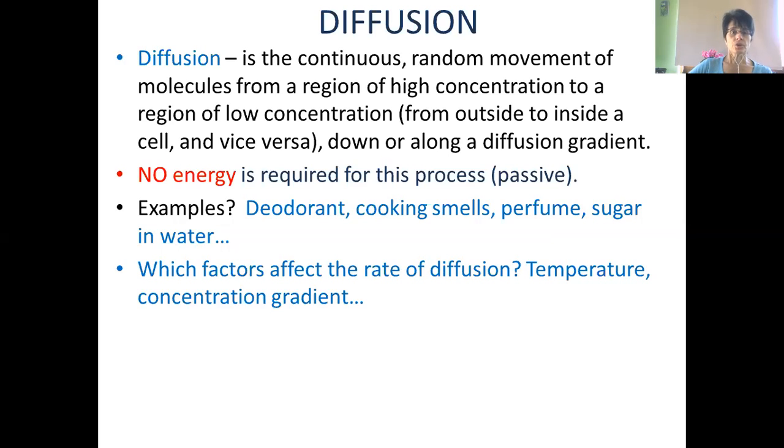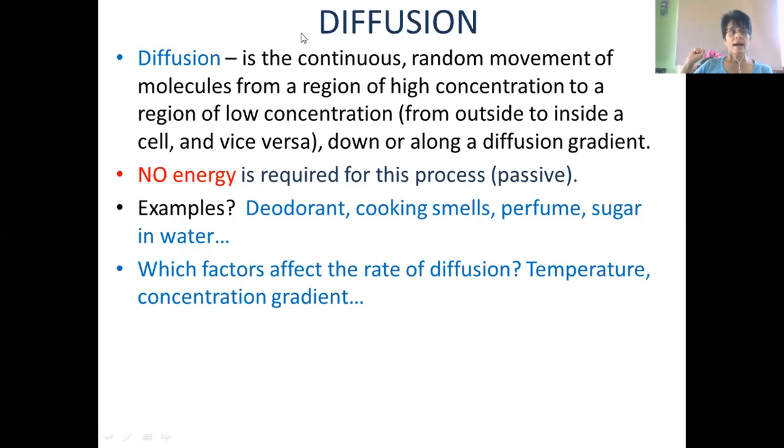All right, so what is diffusion? Diffusion is the random movement of molecules. It could be through the air, through water, or through a solid, all right? So for example, if I sprayed deodorant here, those molecules are going to spread through this room.